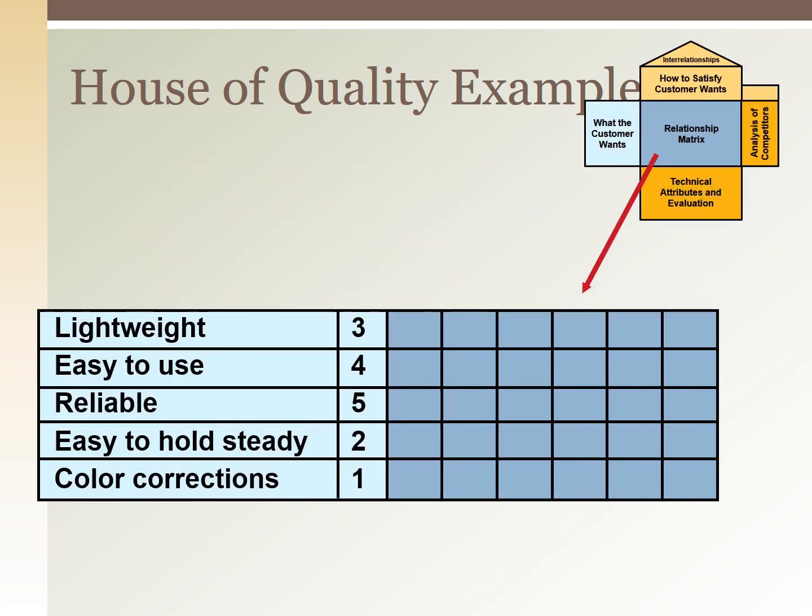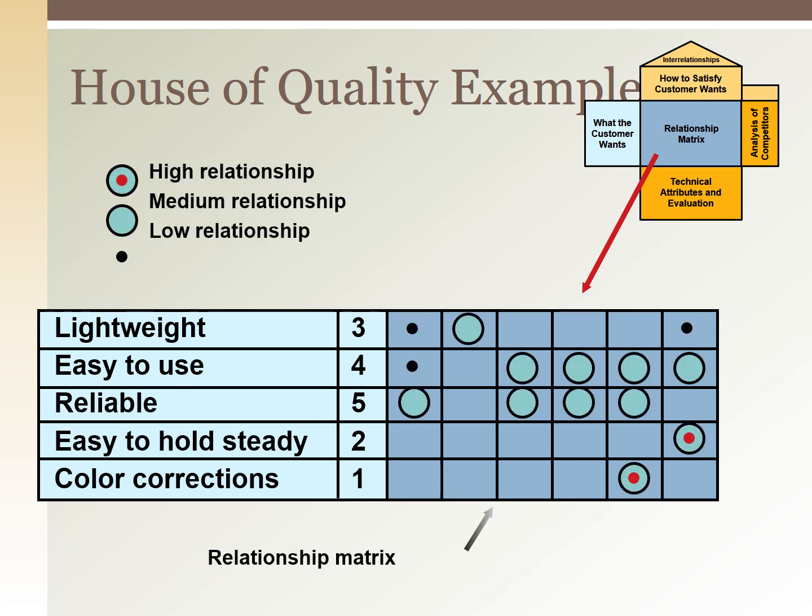Next, we take and make a matrix, lightweight, rating score. So high relationship, medium relationship, and a low relationship to what the customer wants and how we satisfy it.